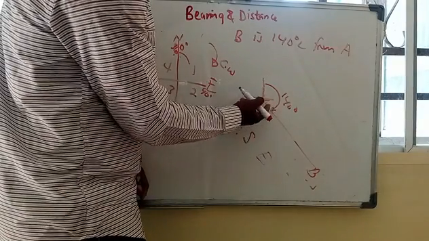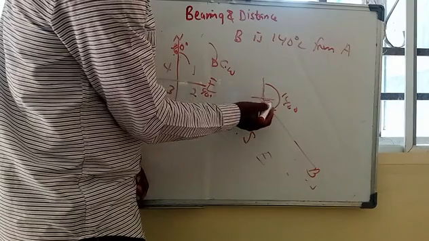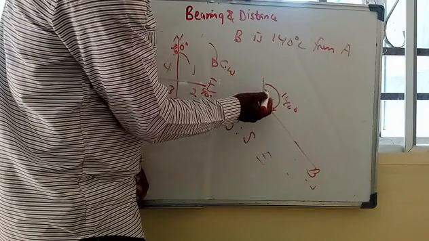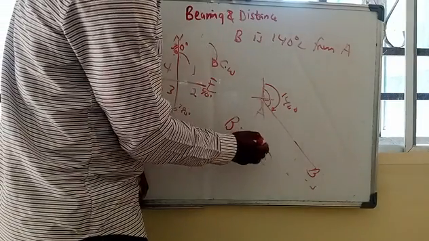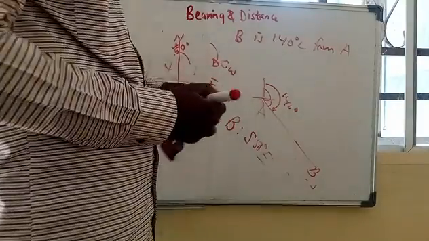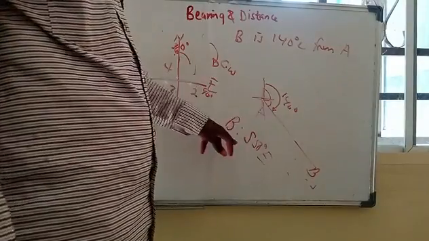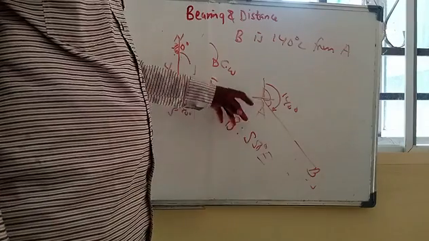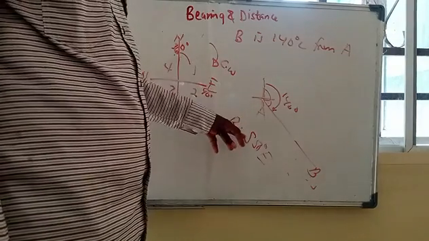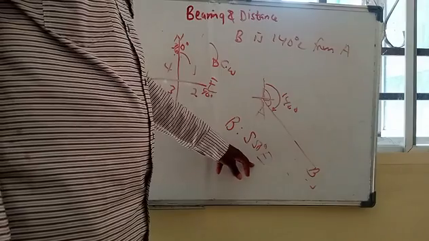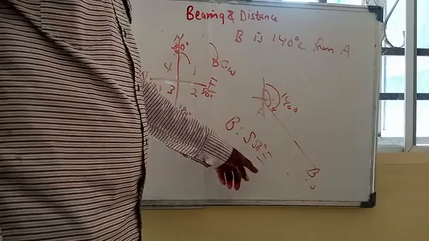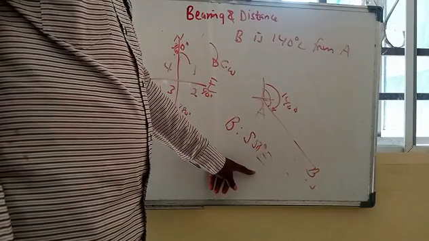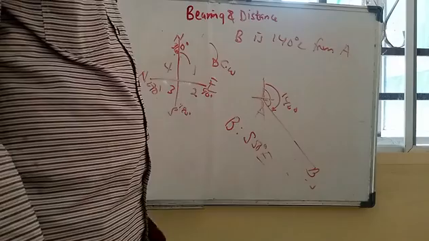Then by what angle? The angle will be whatever is left here. From here to here is 90, so from here to here will be 50. So we can say 50 degrees southeast. So it will be easy for somebody now to locate this point. You'll know that the point is between south and east, and then when you move from here by 50, you should have this. I hope this is understood.